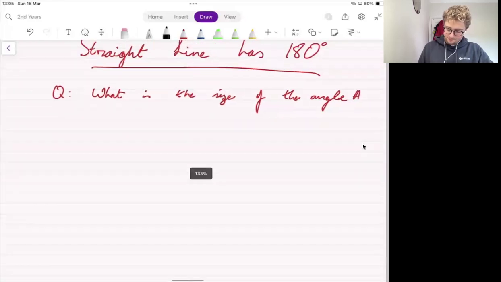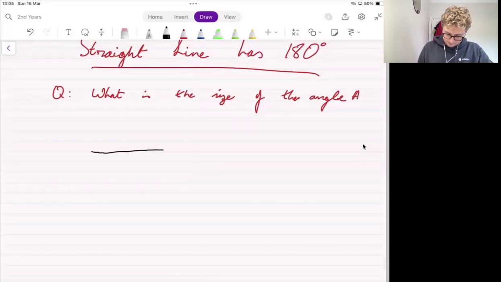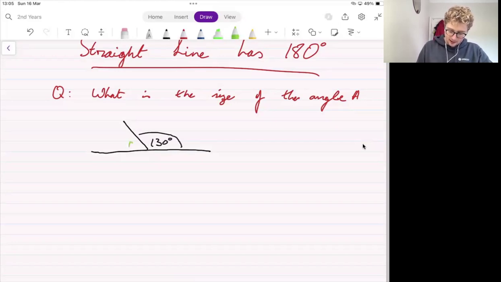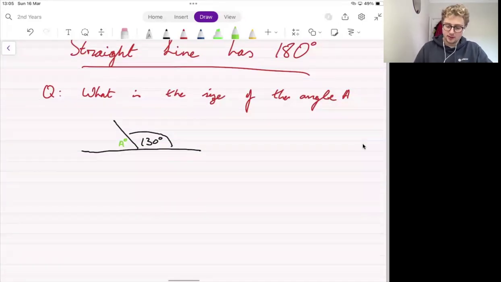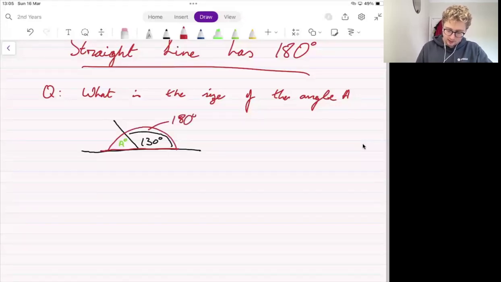Well, if I have a straight line, let's say this angle here is 130 degrees, and this is my angle A. Well, I know that my straight line, so this straight line here, has 180 degrees. So this whole angle, that whole angle is 180 degrees.